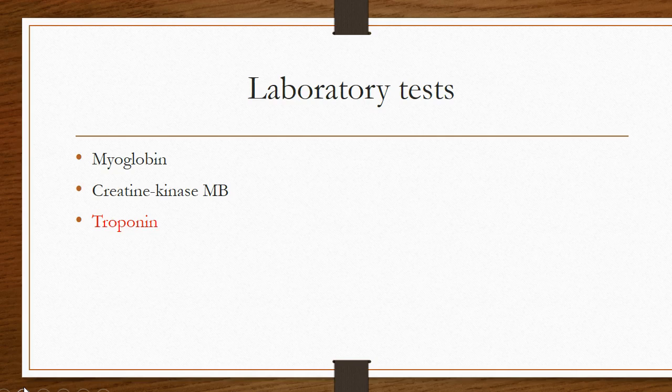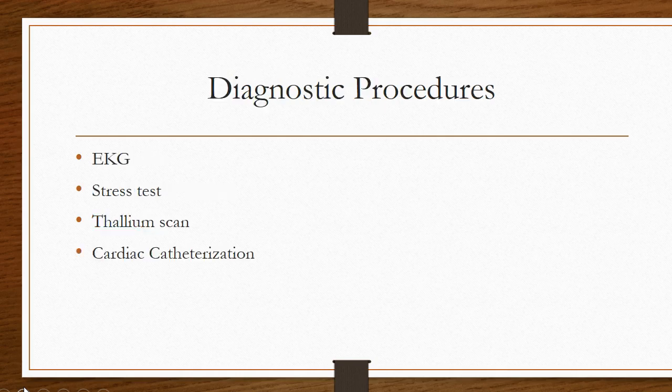Your tests that are specific to heart cell damage are your myoglobin, creatinine kinase, and your troponins. Diagnostic procedures are your EKG, which is like the window into the heart. It looks at the electrical activity.